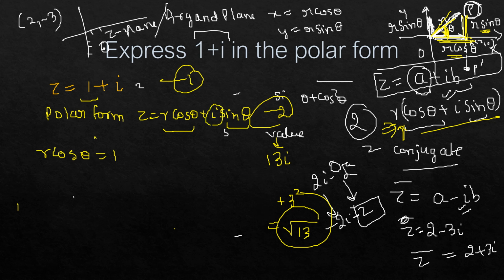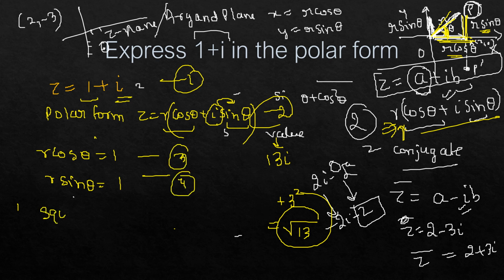Leaving iota aside, iota is associated with sine theta here, and iota is associated with 1 on the other side. So r sine theta is 1. Yes or no?